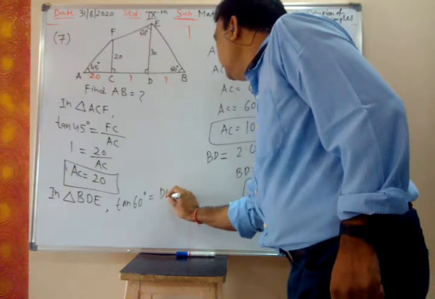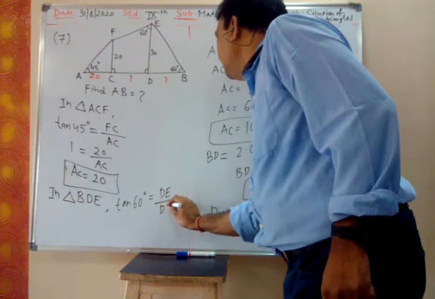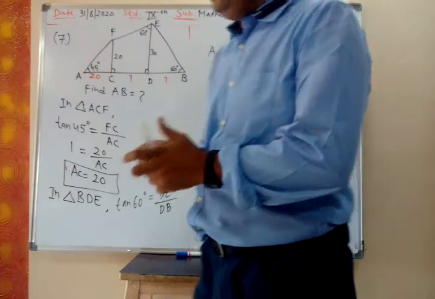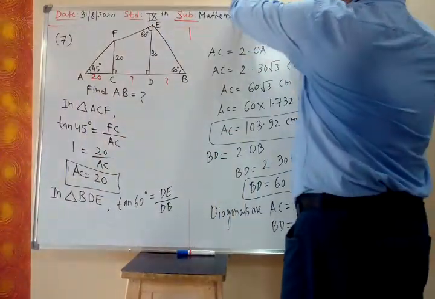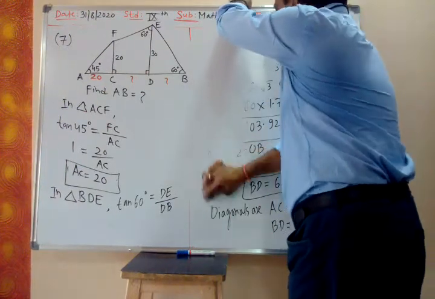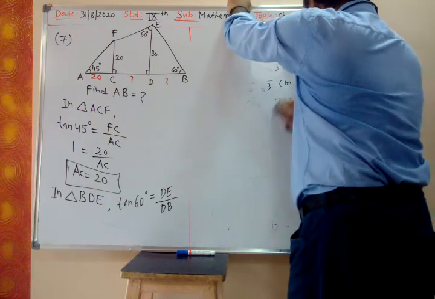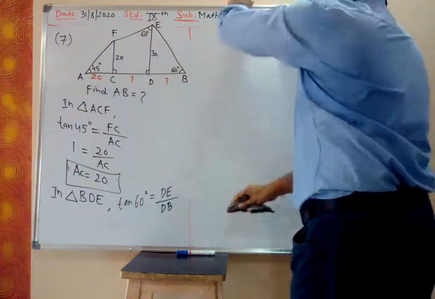Tan 60 degree is DE upon DB. So what is tan 60? Root 3.